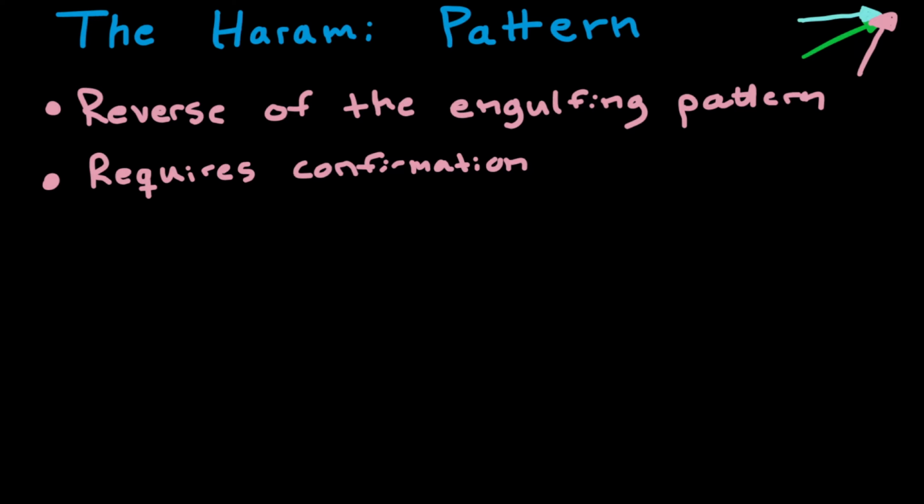After we have seen a Harami pattern, that doesn't tell us enough to say if the trend is about to change from up to down, from up to sideways, or whatnot. So what we usually need is a confirmation candle that confirms the validity of the Harami and also gives us a clue to what direction the trend is changing.